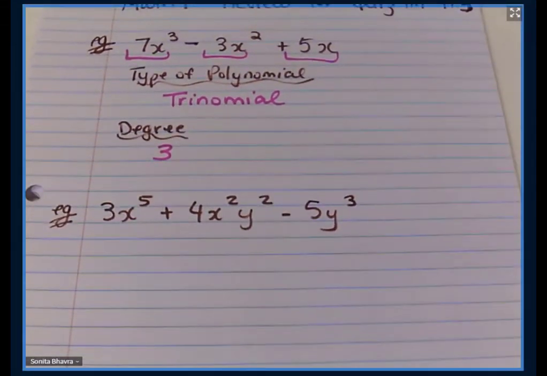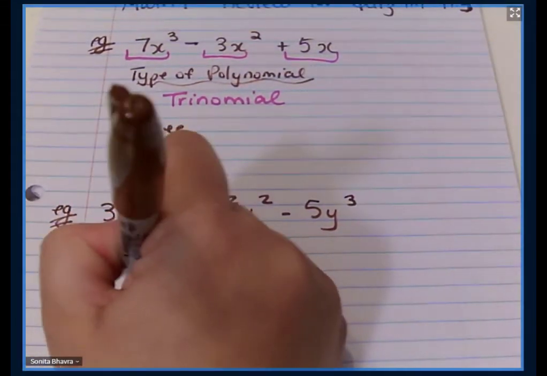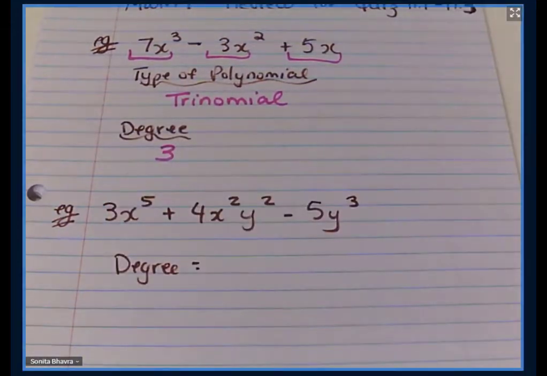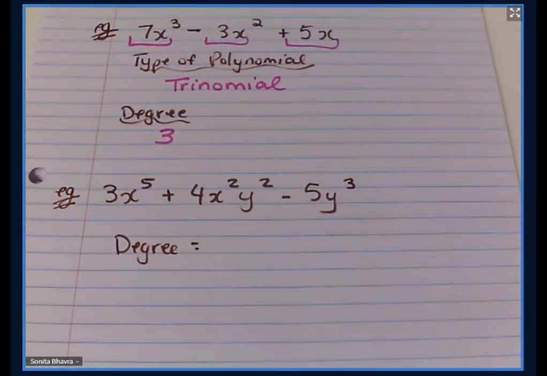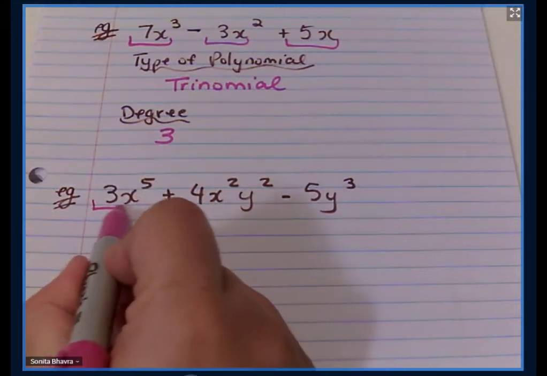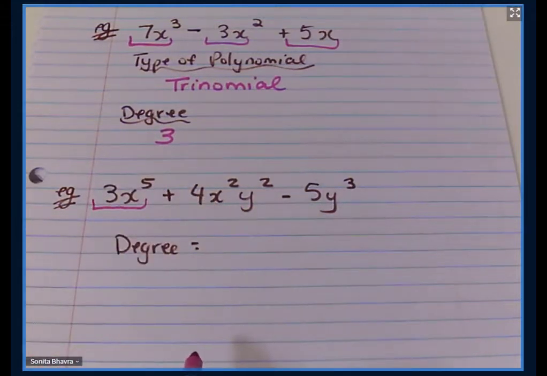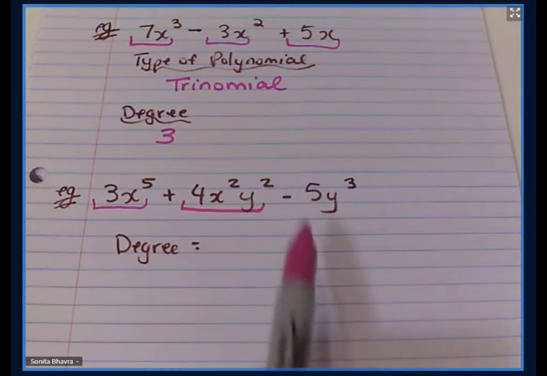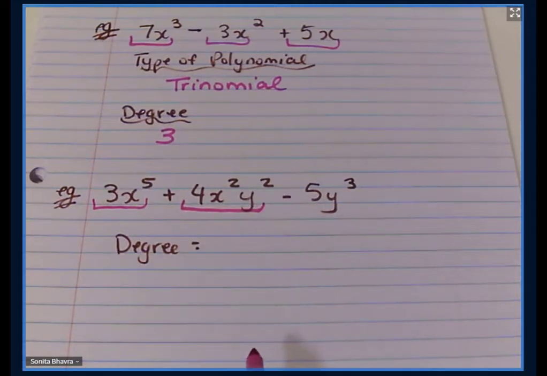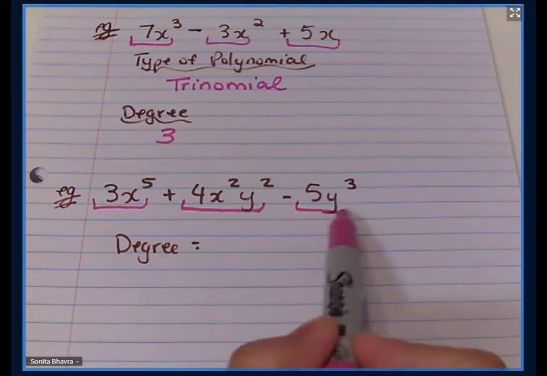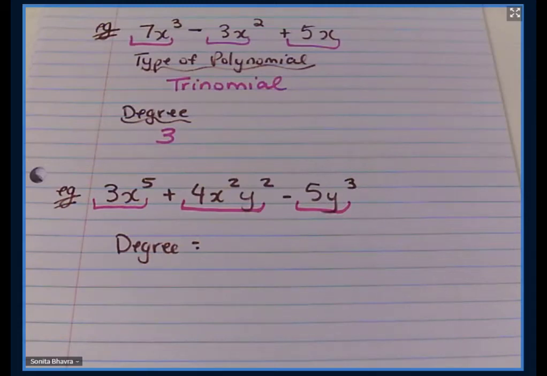And let's say we are also trying to figure out the degree of this polynomial. So first of all, there's three terms. First term is 3x to the power of 5. Our second term is 4x squared y squared. And then our last term is the 5y cubed. And so there's three terms, so we know it's a trinomial.